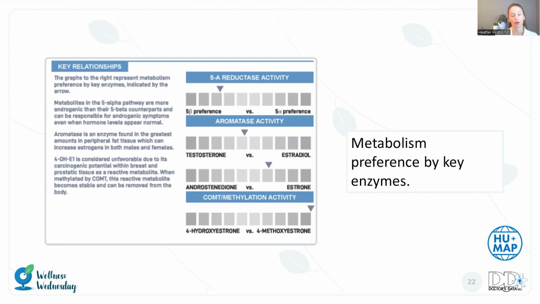And then down here, we're looking at how well 4-hydroxyestrone methylates to form methoxyestrone. So we're looking at COMT activity just there. This particular metabolite is unfavorable because of its carcinogenic potential within the breast and prostate tissue, and it's a reactive metabolite. When COMT methylates it, it becomes more stable and it can be removed from the body.